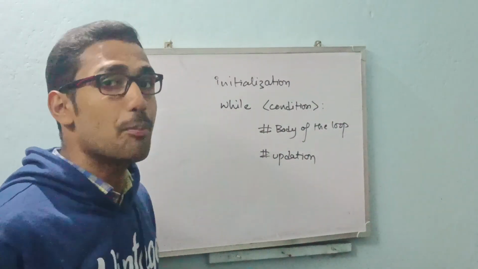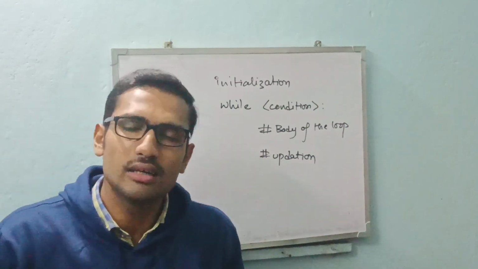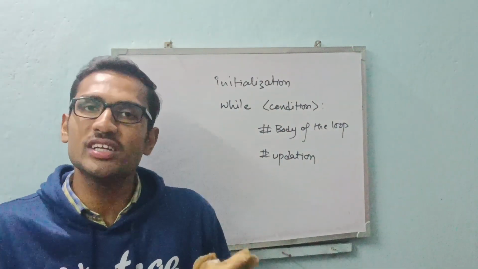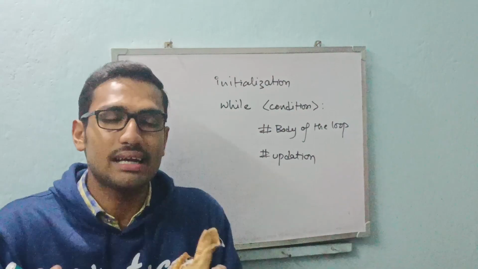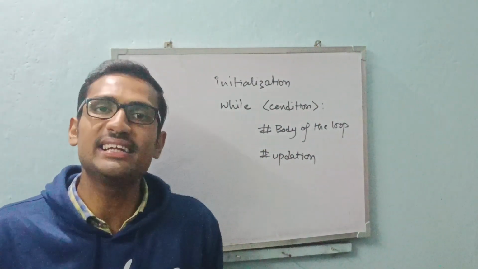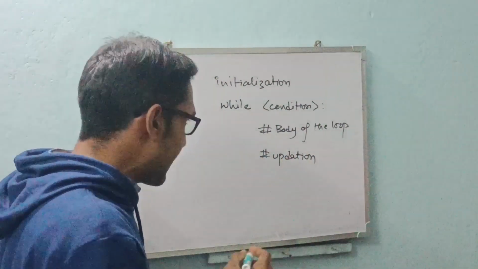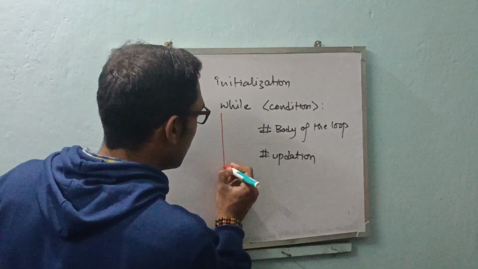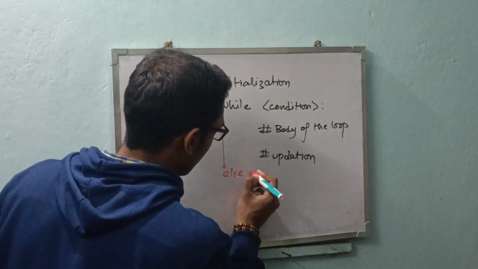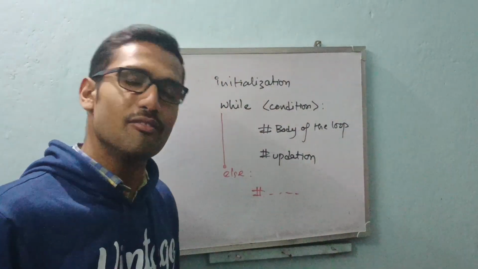Now I want to add one point with it. One of my students was telling me that, sir, we have an else part associated with the loop. So why haven't I discussed that part in my previous video? The reason is that we also have an else part associated with the loop.